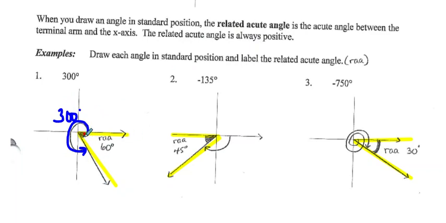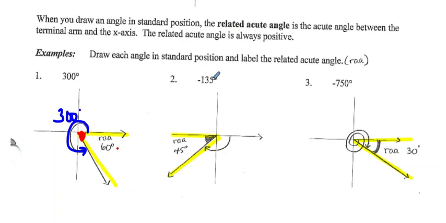So it's this angle in here, and I'm going to make it red. Okay, that's how much the related acute angle is. But now you actually have to figure out what that degree measure is. So if you're going 300 degrees here, how much more do you have to go for one complete rotation? Well, it's got to be 60 degrees. So in this case, the related acute angle is 60 degrees.